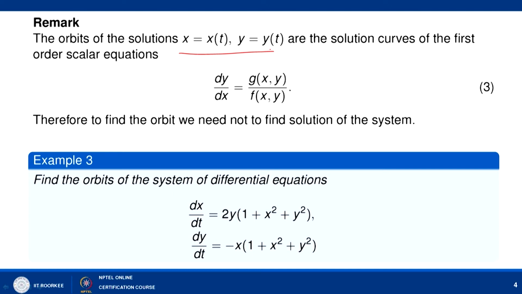In fact, the orbits of the solutions are the solution curves of the first order scalar equation dy/dx equals g(x,y) divided by f(x,y). Therefore, to find the orbit we need not find the solution of the system.